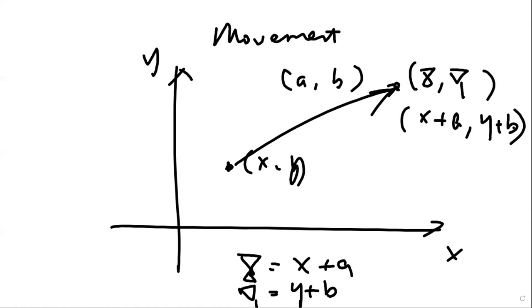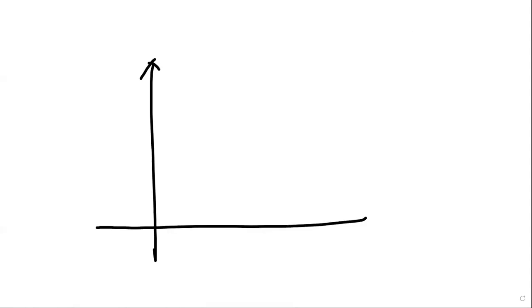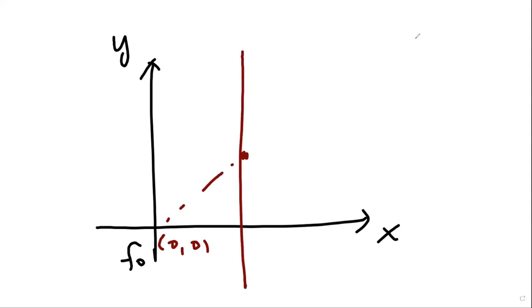The next one assumes that the object doesn't move, but the frame moves. The frame moves to a location. So this original point right here is 0, 0, and you move to a new coordinate location here. This one is called a, b.